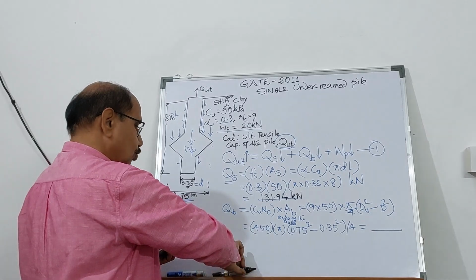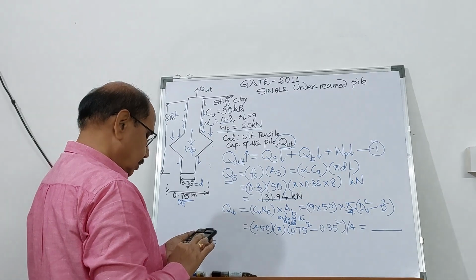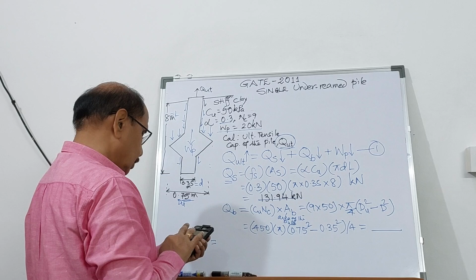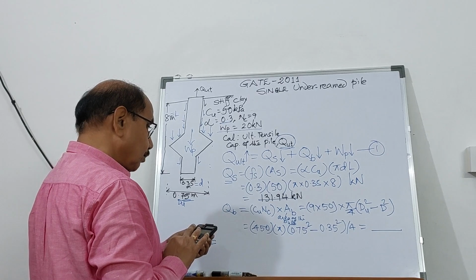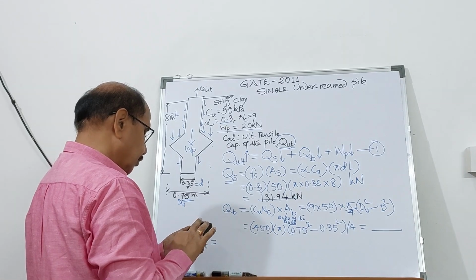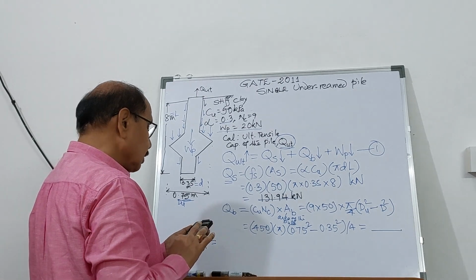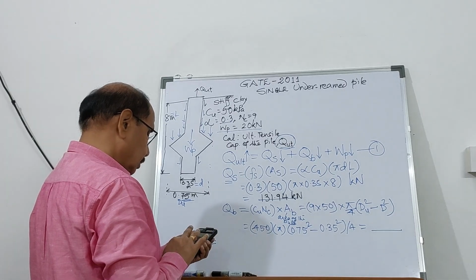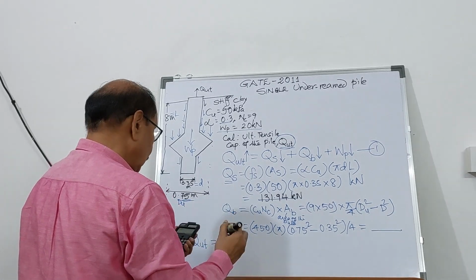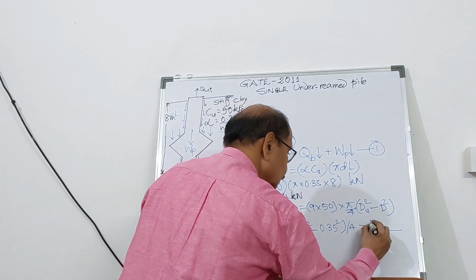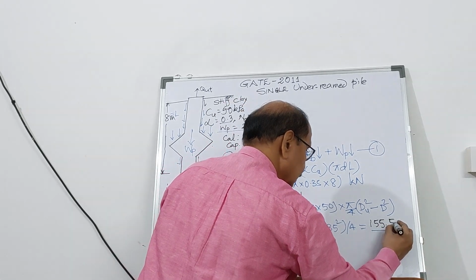And the second value is QB, that's going to be 450 multiplied by pi into 0.75 square minus 0.35 square. This gives you 155.5 kilonewton.